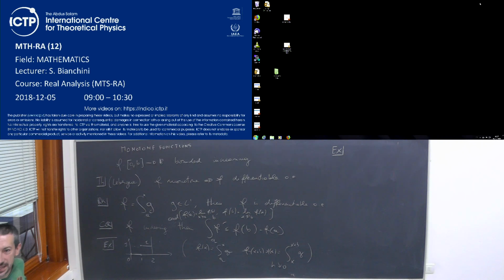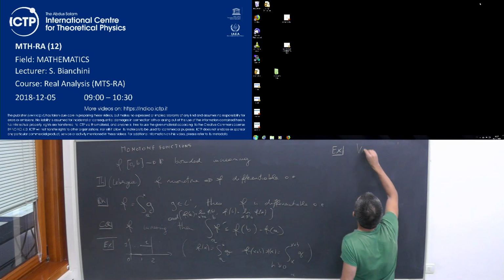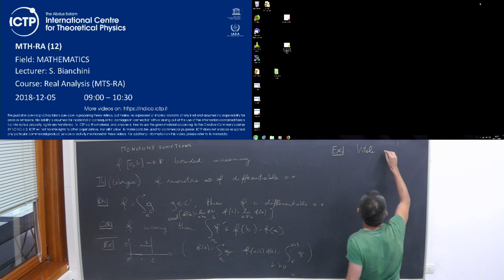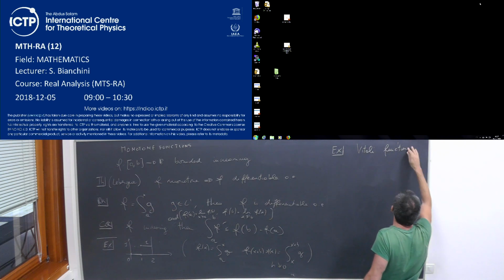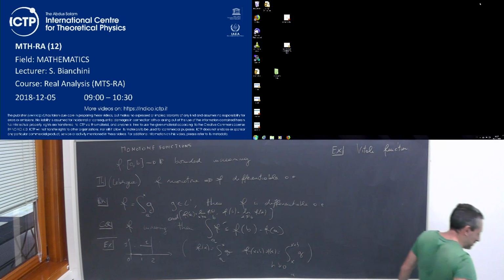The staircase, the devil's staircase. Riemann, something. There is a function. The Vitali function. The Vitali, Cantor, Lebesgue, everybody wants to put his name on this function. So I'm Italian, so it is the Vitali function. In France it will be Lebesgue, and I think in German it is Cantor.